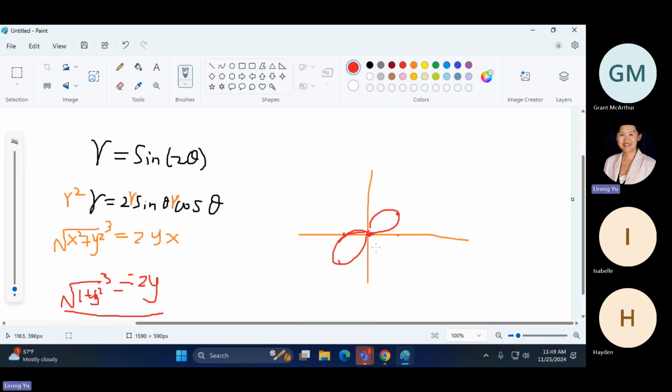I don't want to algebraically solve the equation because that will take more time. If x equal to 2, then we are solving this equation, root of 2 squared plus y squared, cubed, equal to 2 times y times 2.